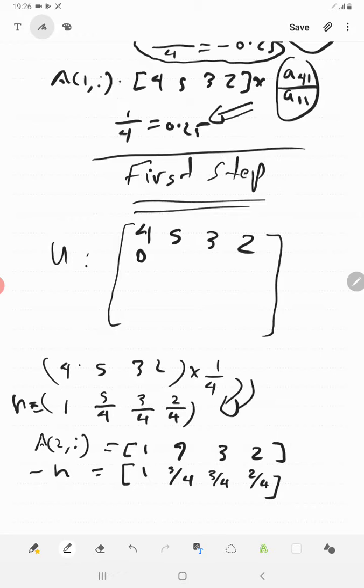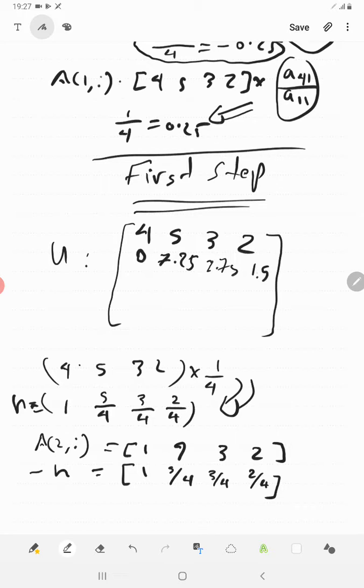So 9 minus 1.25 is equal to 7.25, right? This minus this gets 7.25. Now 3 minus 3/4, that's 0.75, so 3 minus 0.75 should get 2.25... okay, and 2 minus 2 over 4, which is a half, 2 minus half, you get 1.5.